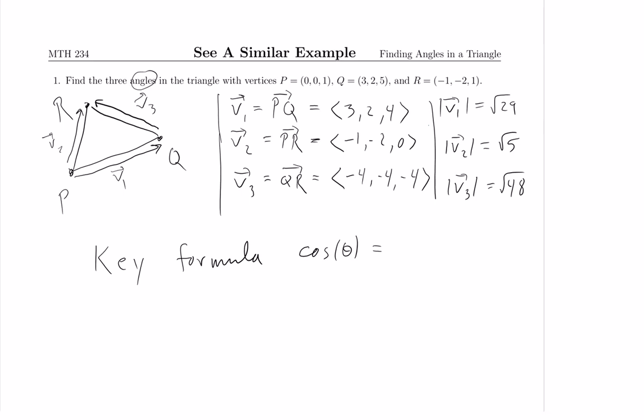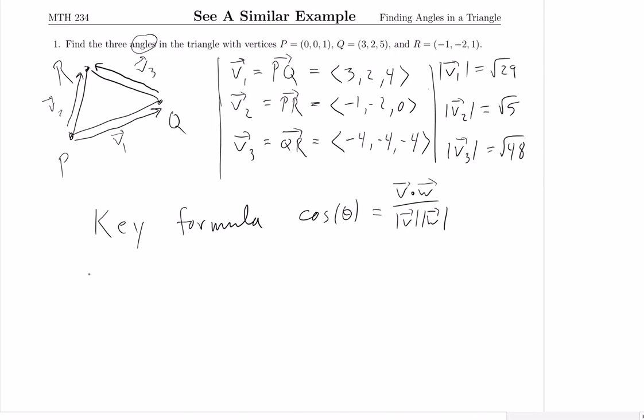If I have vectors v and w, and theta is the angle between them, the cosine of this angle is given by the dot product of v and w over the product of their lengths. So the idea here will be to get each of the 3 angles in the triangle. I'll use this formula. And these things on the right hand side of the formula involve the lengths, so that's why I wrote this stuff above. So okay.